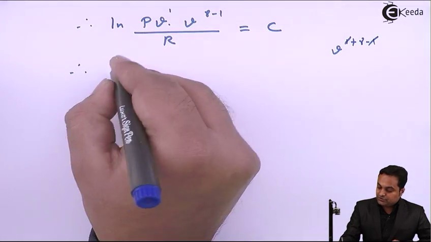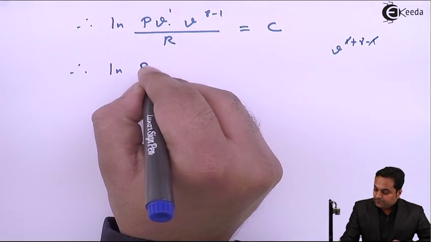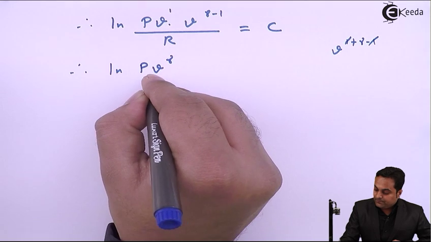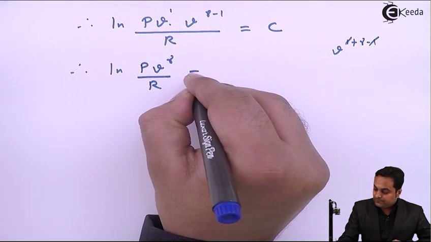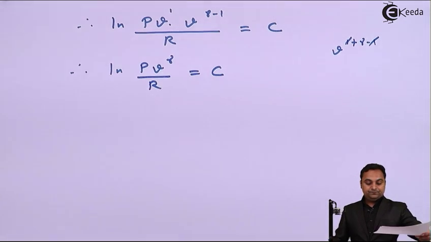So the complete answer of this term is P V raised to gamma divided by R is equal to C.